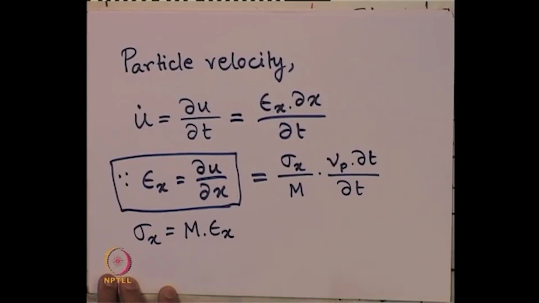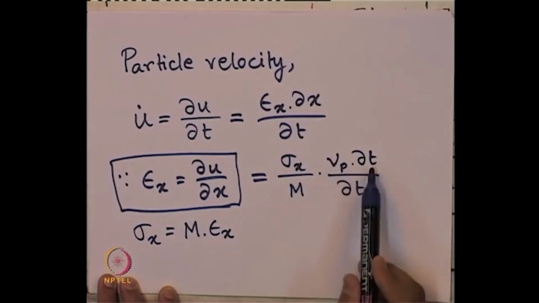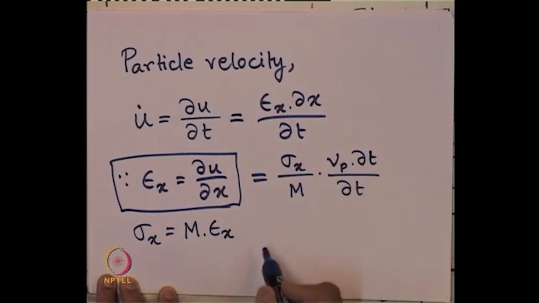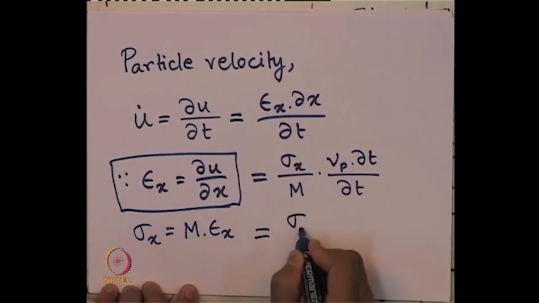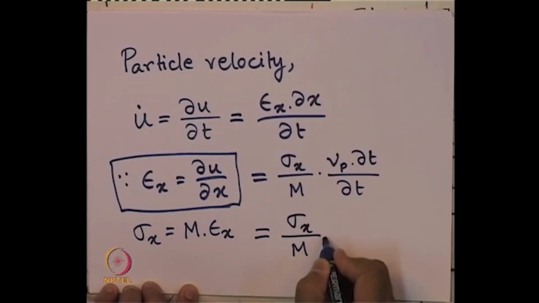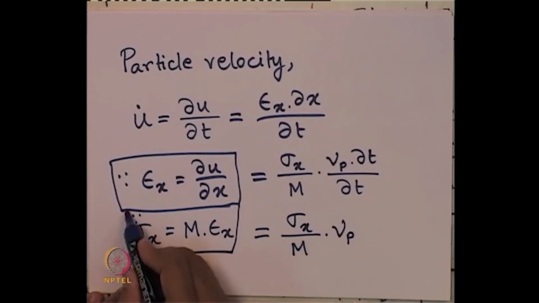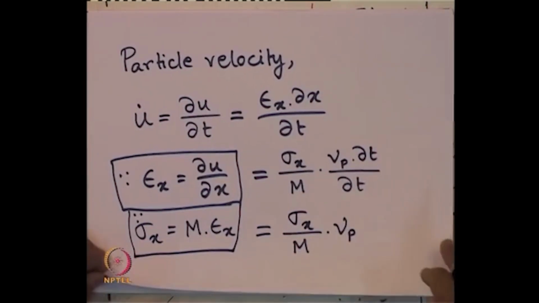And on further simplification of this del x, you can put it like V p times del t in the x direction. So, this gives me sigma x by M times this V p. Because this relationship is known to us, we simplify it further like this.